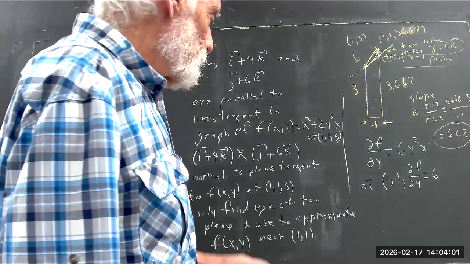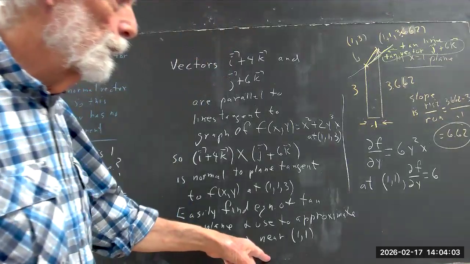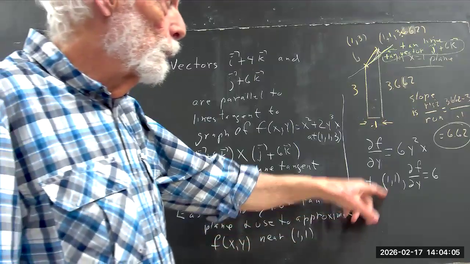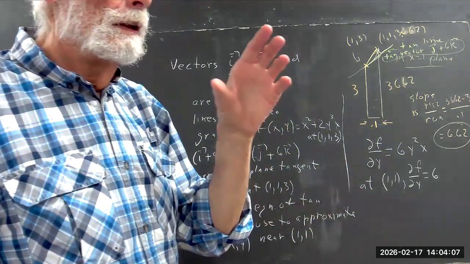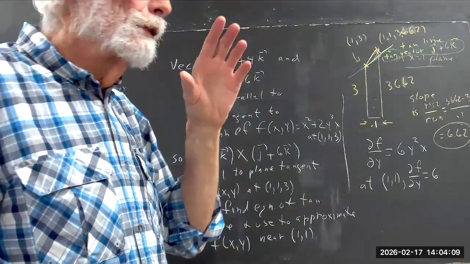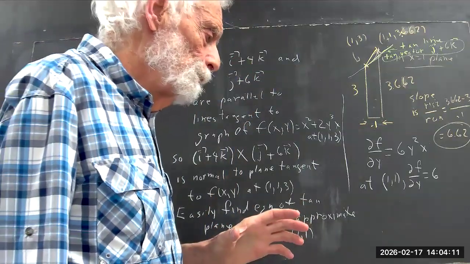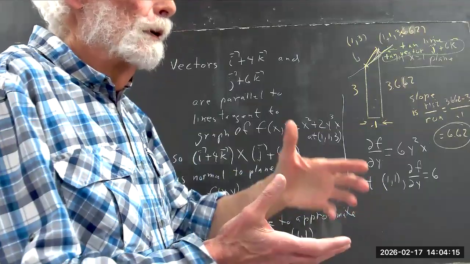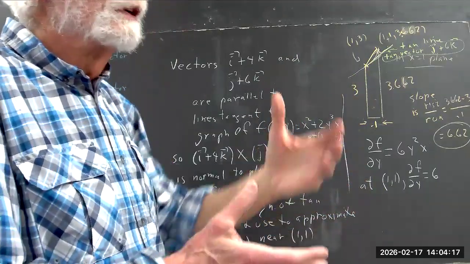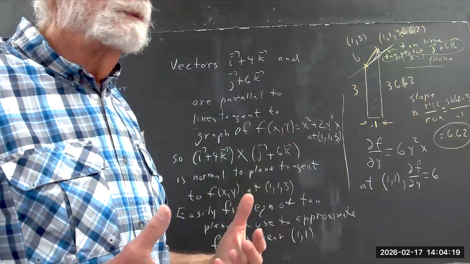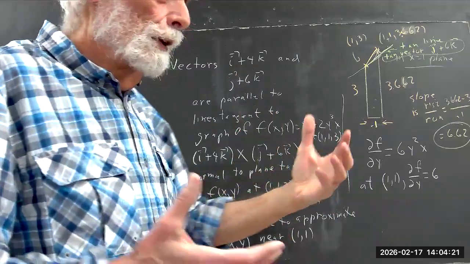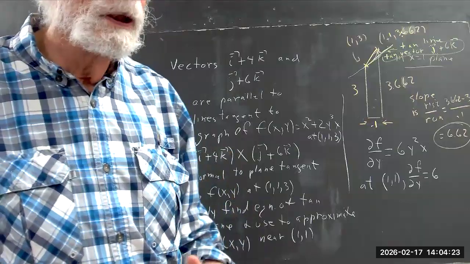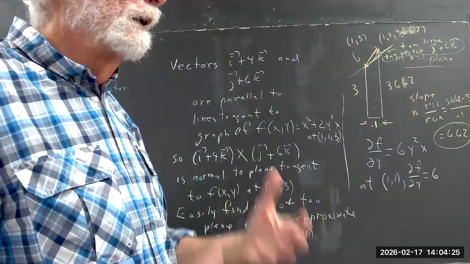Okay. Plug those coordinates into the tangent plane, plug those coordinates into the function, and you're going to get values that are pretty similar. Now, the further you get from the point (1, 1), the more the actual surface curves away from the tangent plane, and the less accurate the approximation of the tangent plane is going to be.